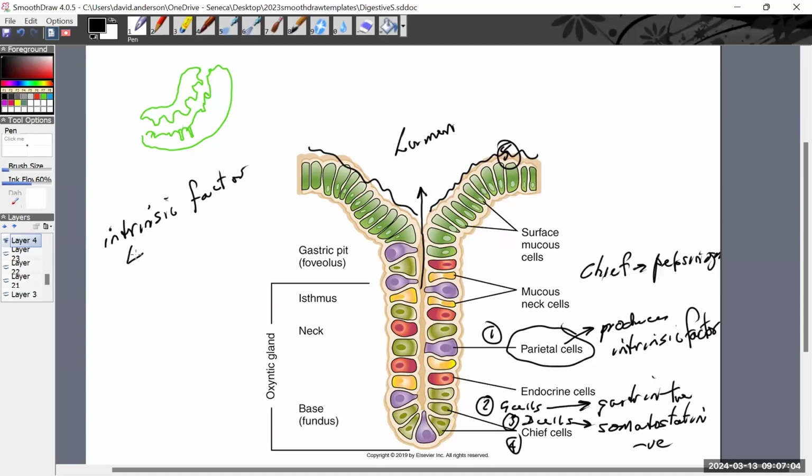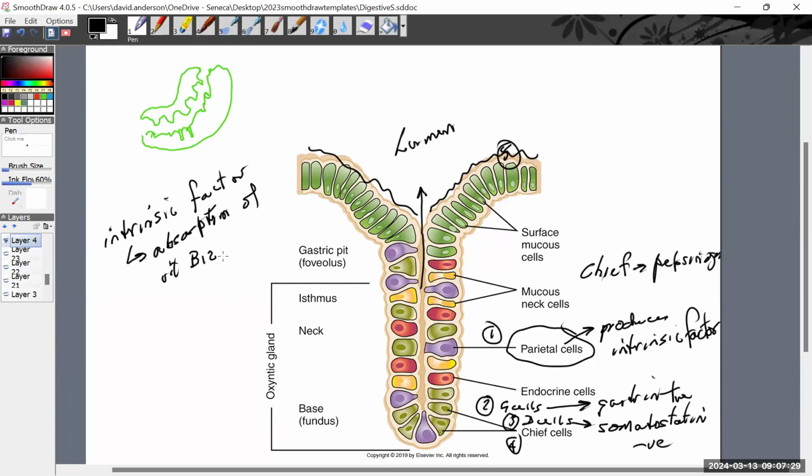So the intrinsic factor is an essential factor that promotes and allows for the absorption of vitamin B12. And if we don't have the intrinsic factor, we can't absorb B12. If we can't absorb B12, then we get dysfunctional red blood cells.